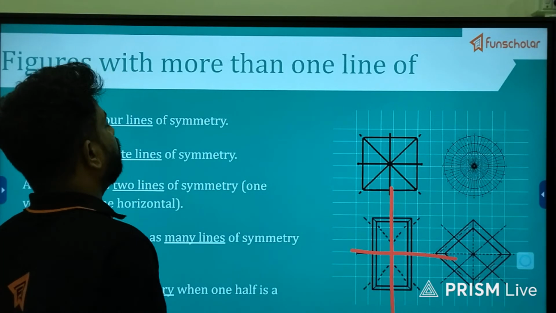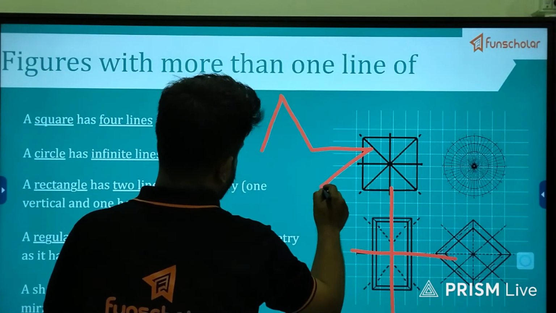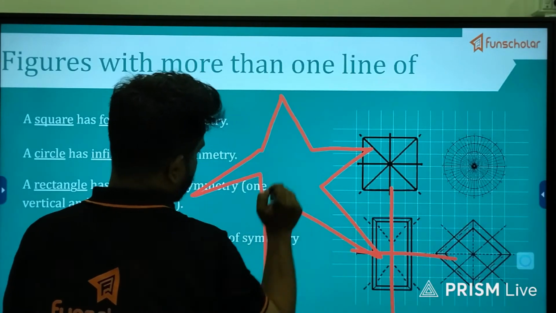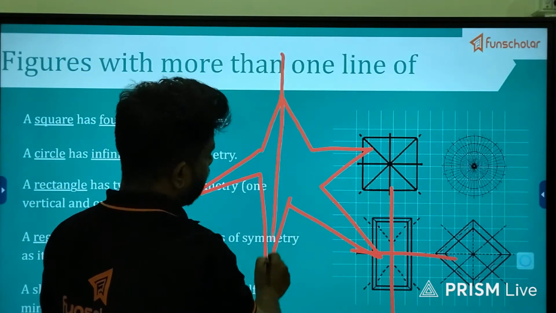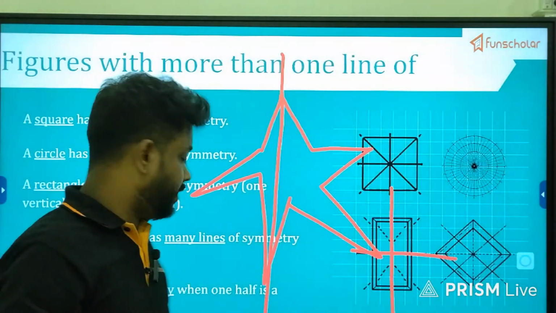Talking about polygons, if I draw a pentagon like this, okay, and if I cut it down from here, it won't have any line of symmetry.